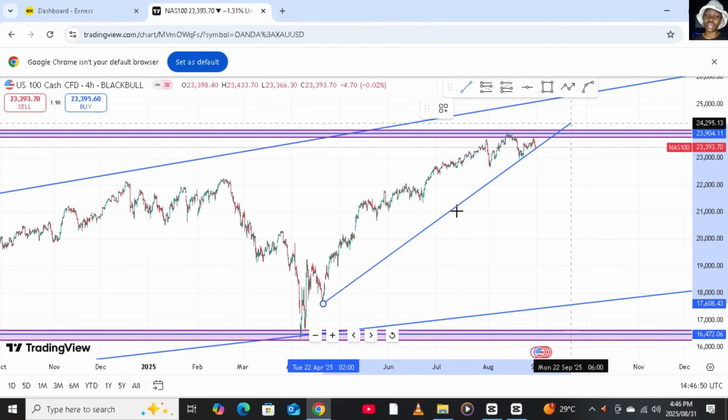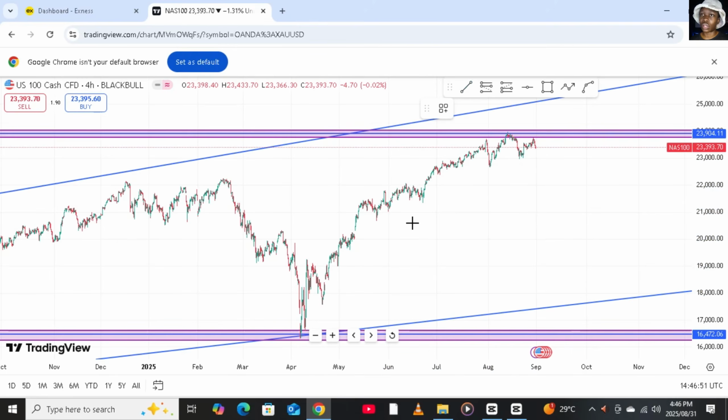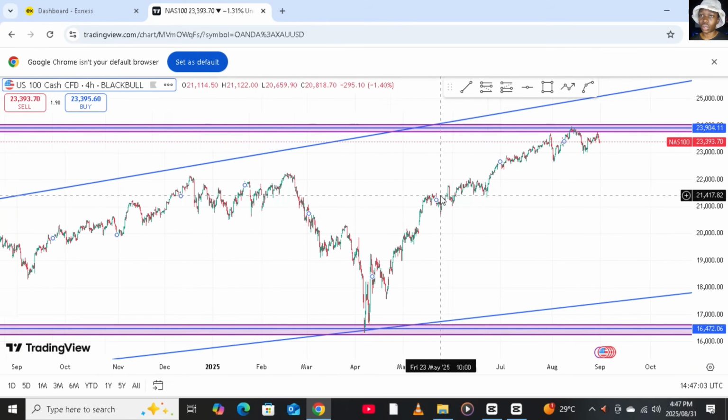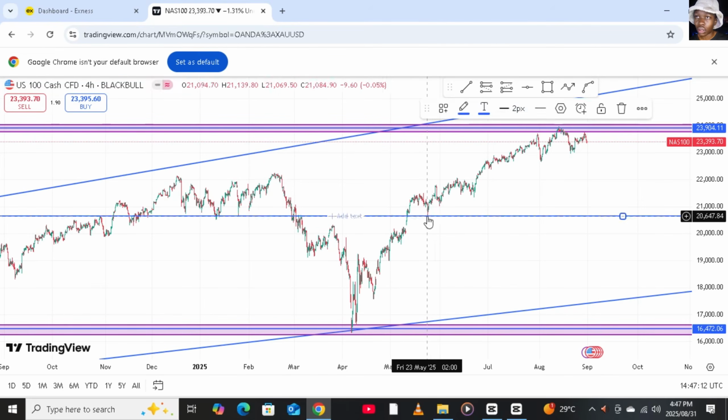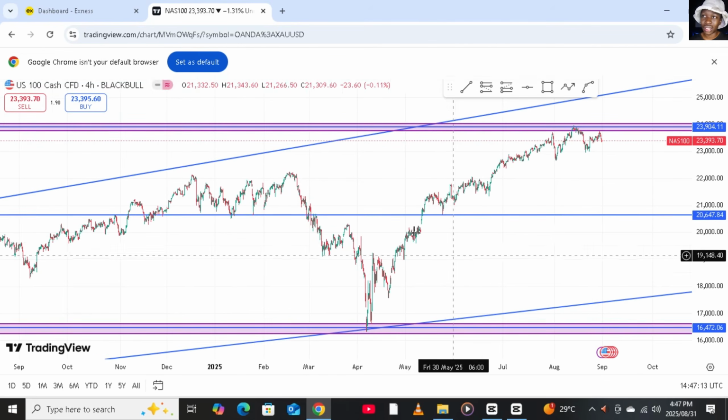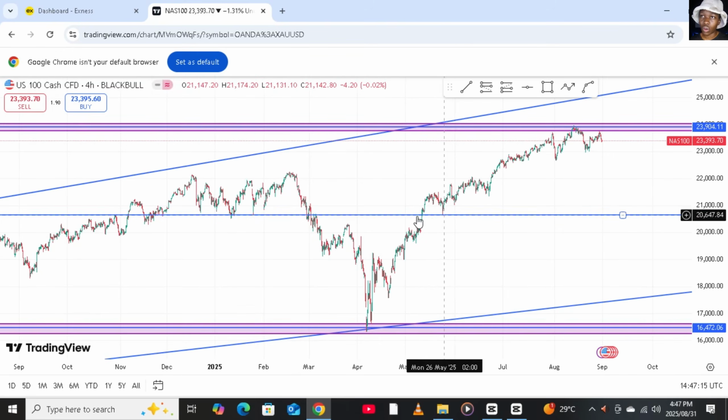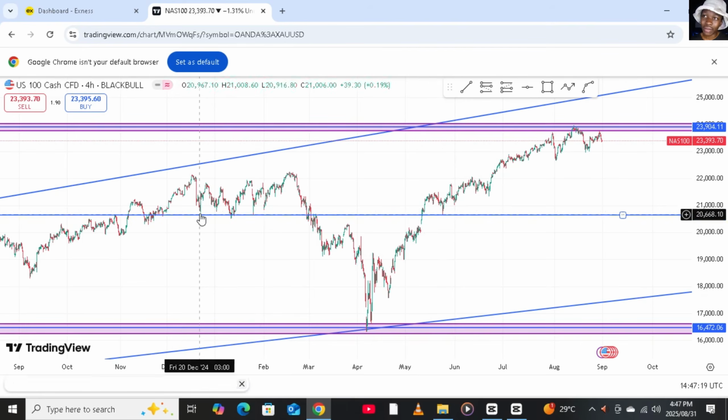So in order for you to find a good trend line, let me show you now. We have this low right here. If you try and draw a line on this low, you can actually see it's a valid low because we have a touch over here, we have a touch over here, and we slightly have a touch over here.